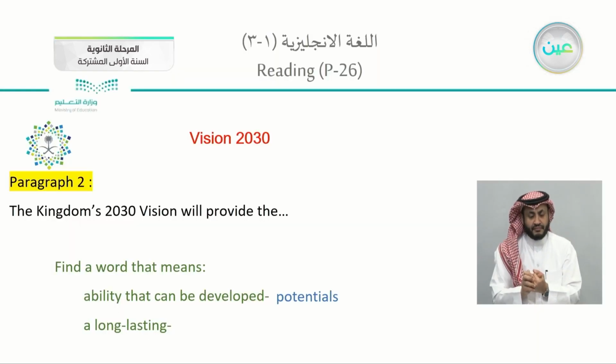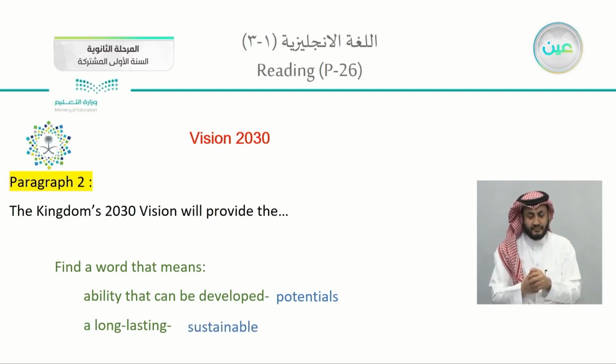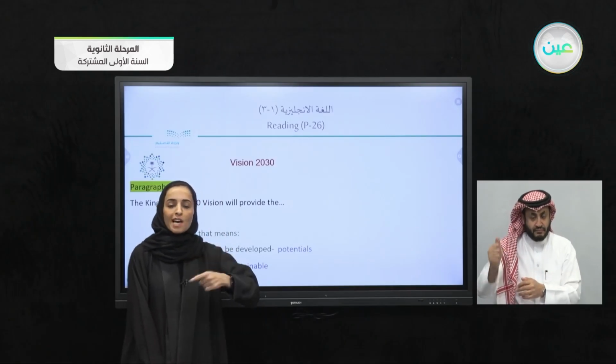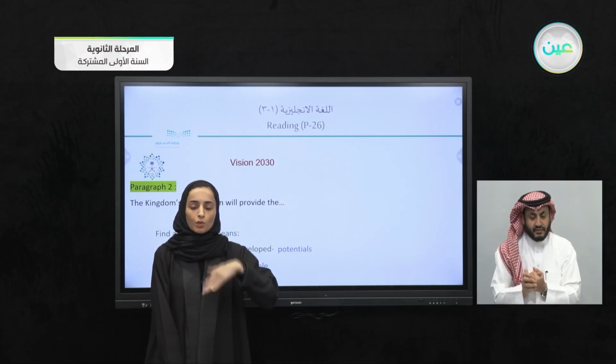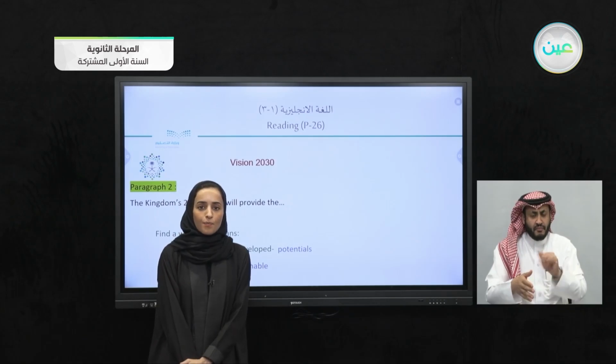How about a word that means a long-lasting environment, like sustainable? The word sustainable means long-lasting. It's not a thing that will end. It will be continuous, an endless thing.